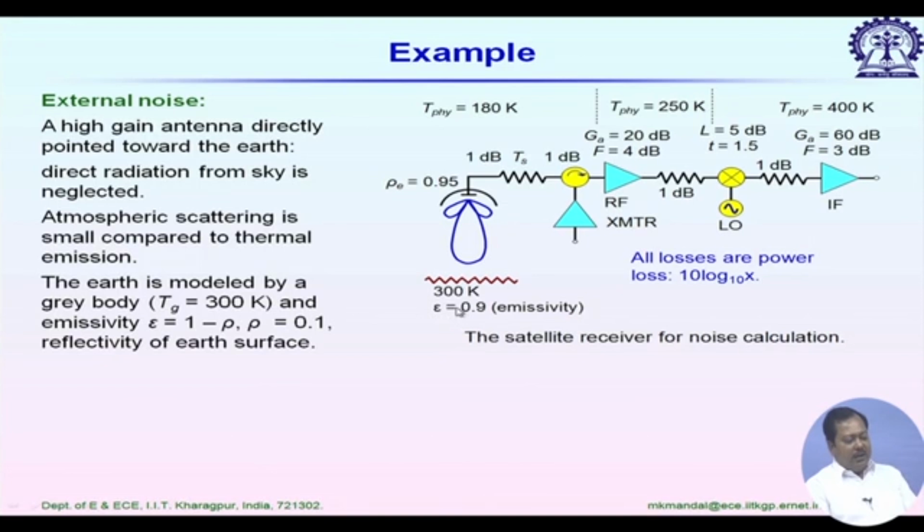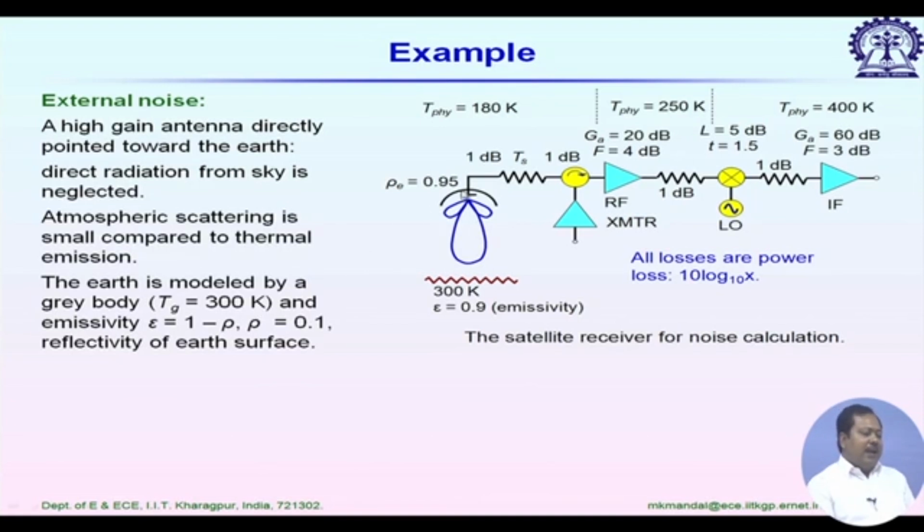Emissivity can be given by 1 minus rho, where rho is the reflectivity. So if epsilon is 0.9, that means rho is equal to 1 minus 0.9, which is 0.1. So a good emitter is a bad reflector.